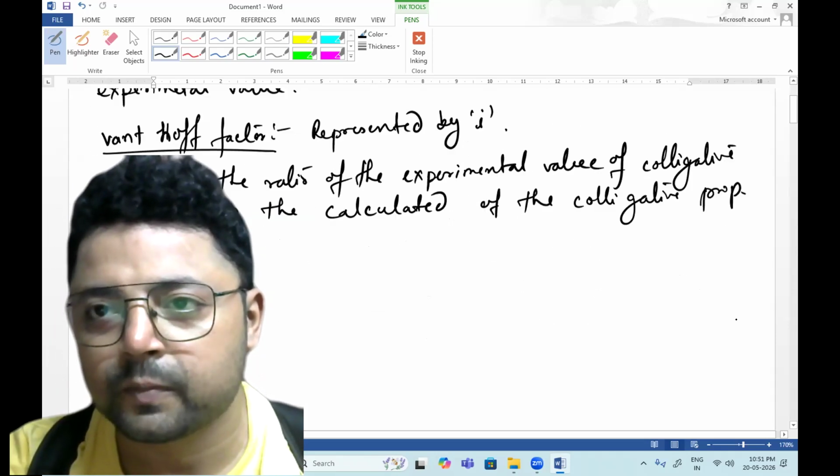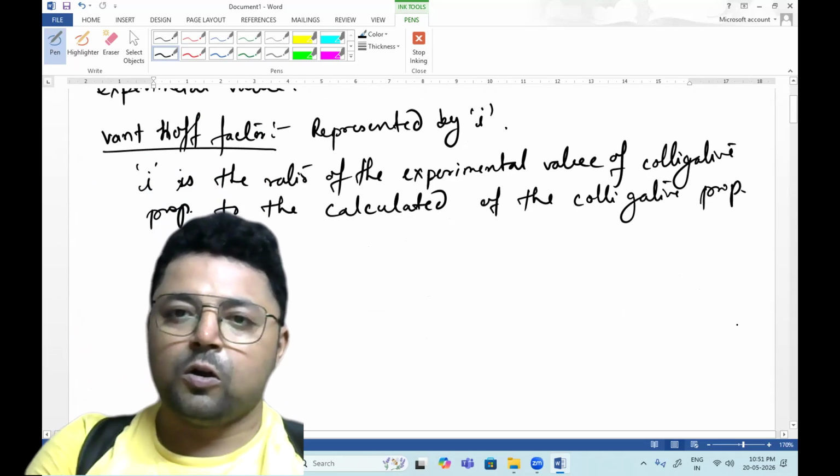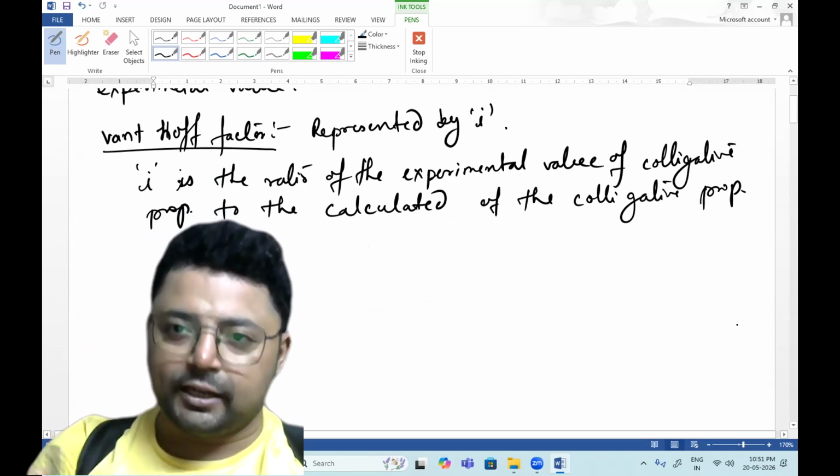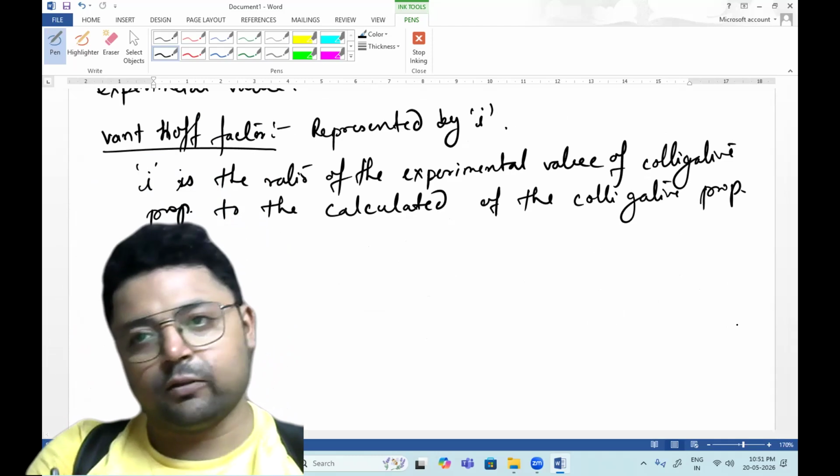So it is the ratio of the experimental value of colligative properties to the calculated value of the colligative properties.